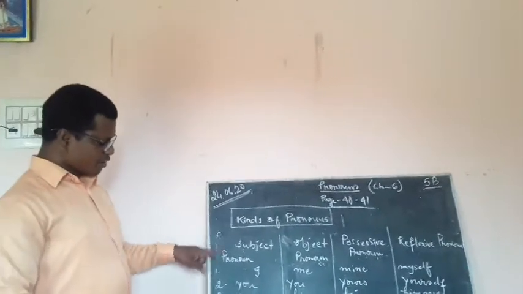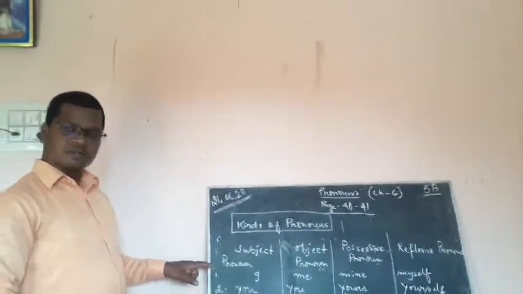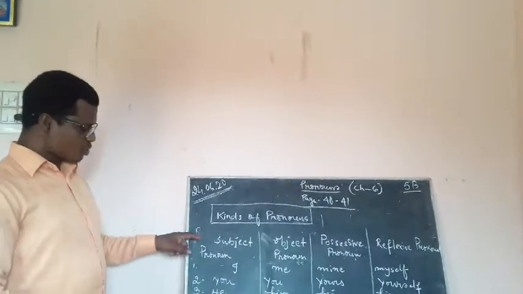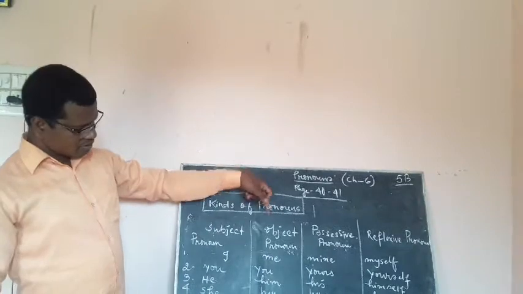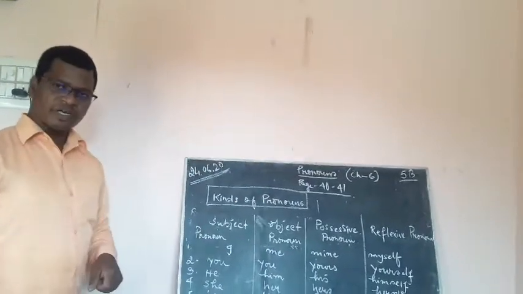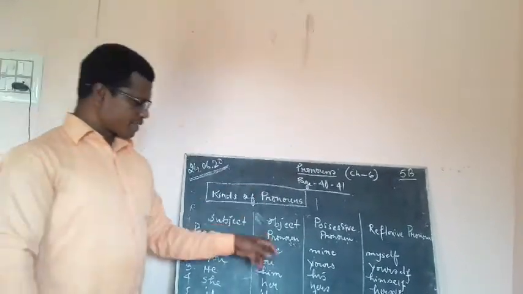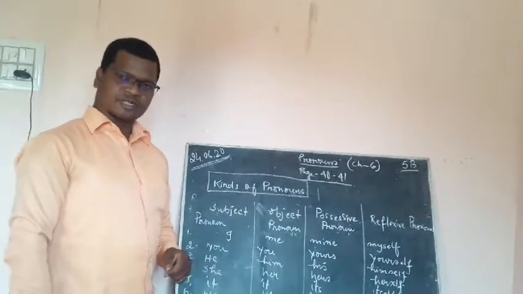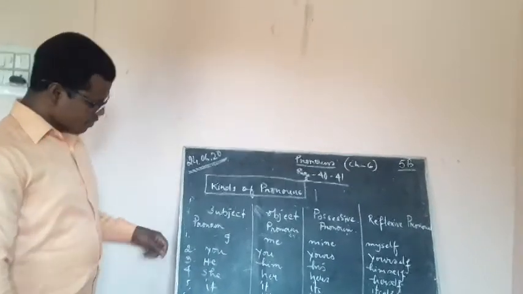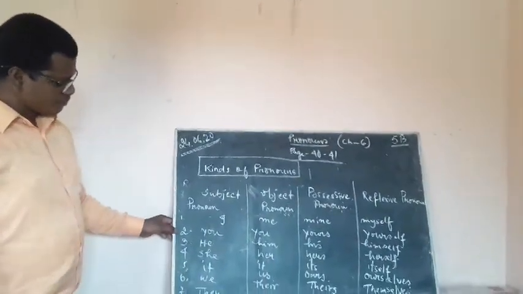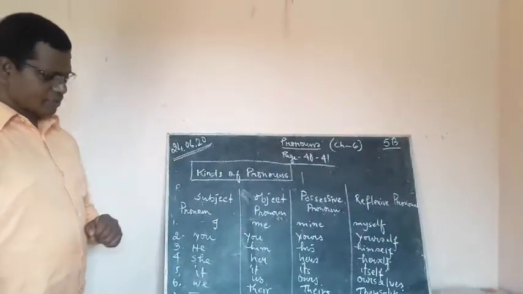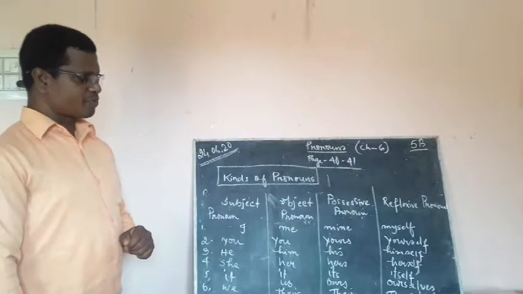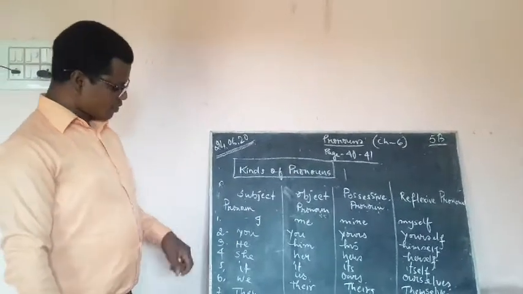First one, when we use it as a subject, you just look here, I, then the object pronoun will be me, and the possessive will be mine, and reflexive, myself. Second one, you, in the object pronoun you, and possessive pronoun you will see yours, and reflexive pronoun yourself.